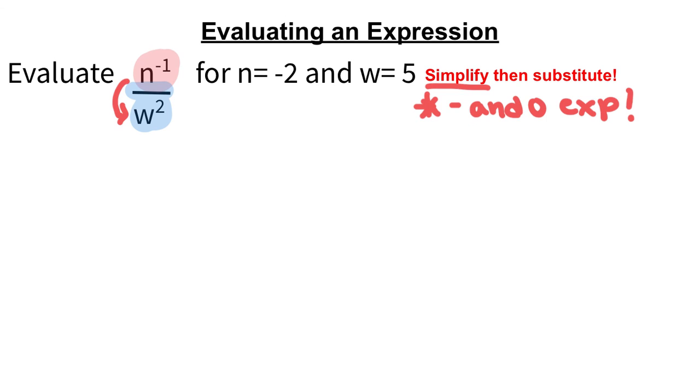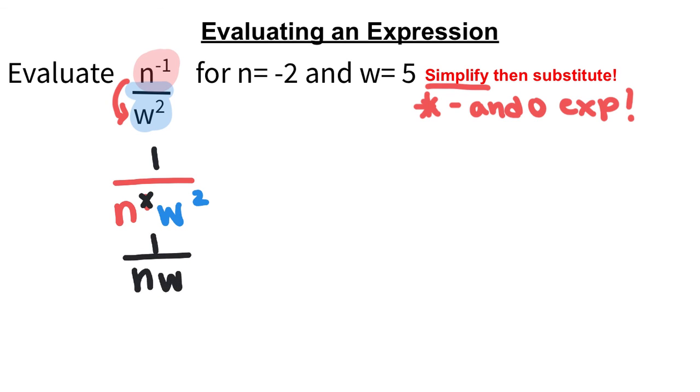So I can rewrite this n to the 1, and I have the w squared attached, and since there's nothing left on the top, I assume this is a 1. Now, while I can rewrite this as n to the first, we know that whenever anything is written as n to the first, we actually don't even need this. This becomes 1 over n w squared.